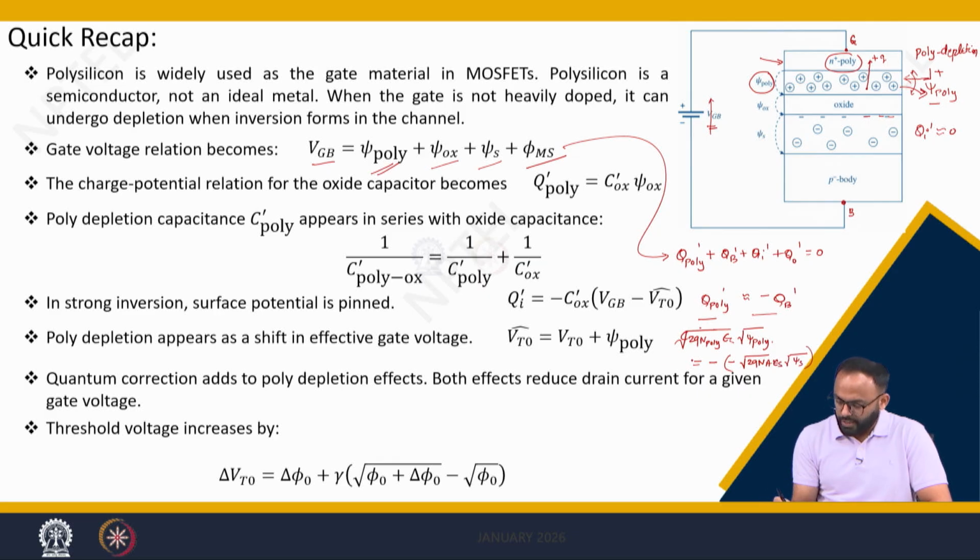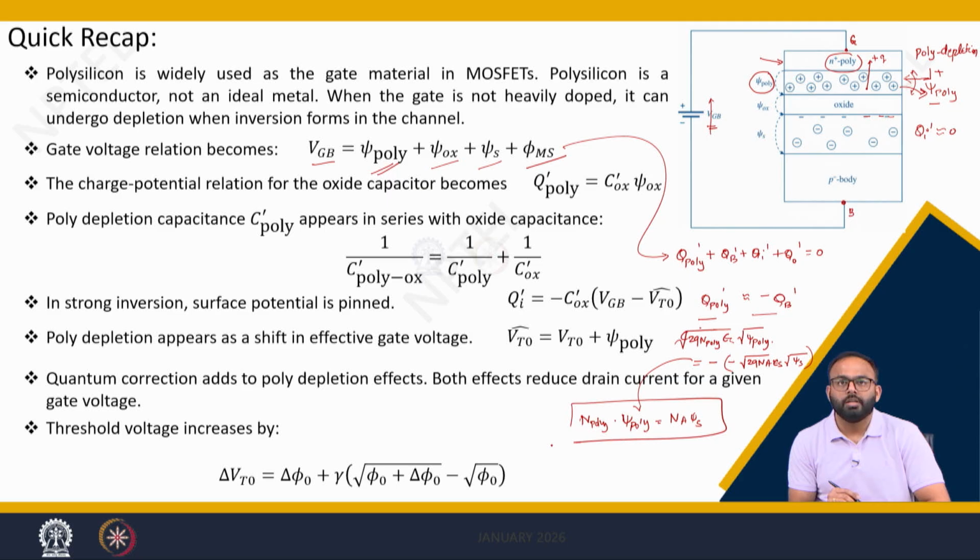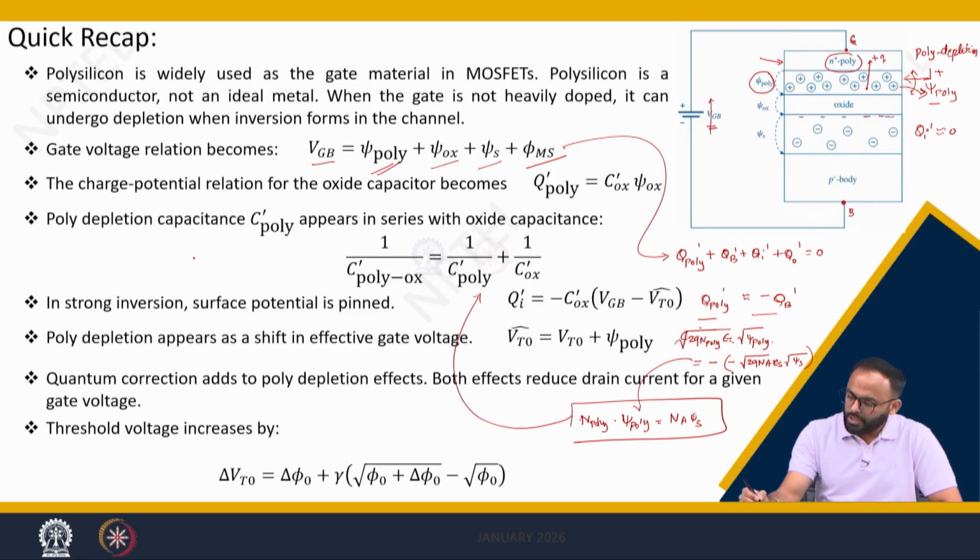In this sense, we get the relation N poly into psi poly equals Na into psi s. This equation was later used to find the effective oxide thickness. When the polysilicon depletion comes into the picture, the effective oxide thickness is increased by the depletion thickness plus the thickness of the oxide. So, we have also found the change in the effective oxide thickness.